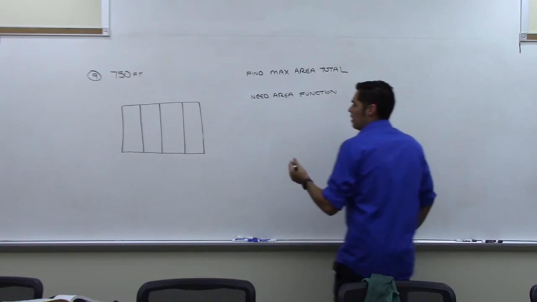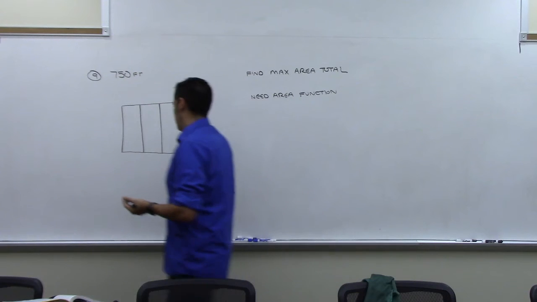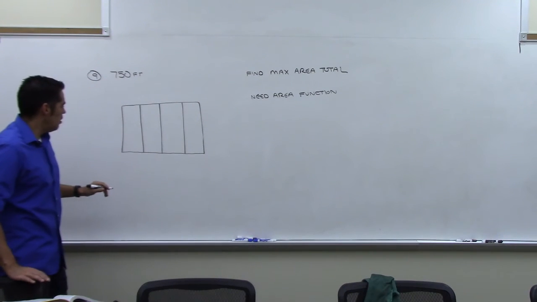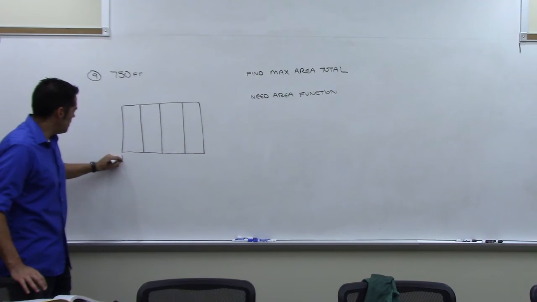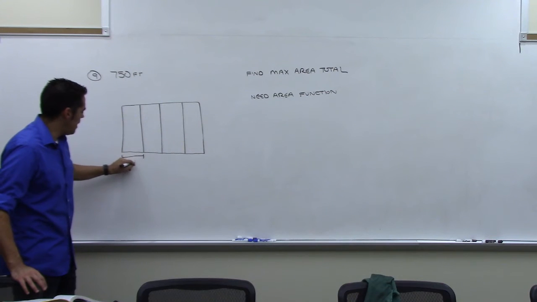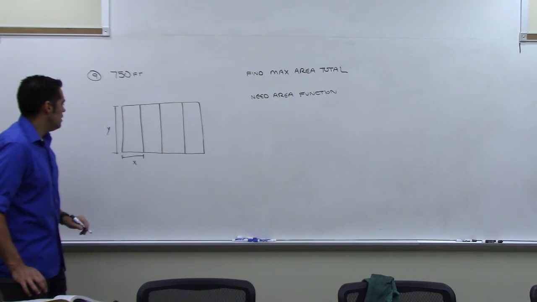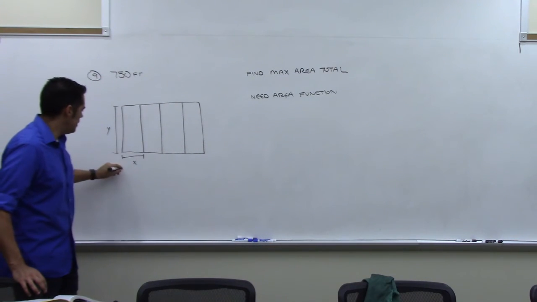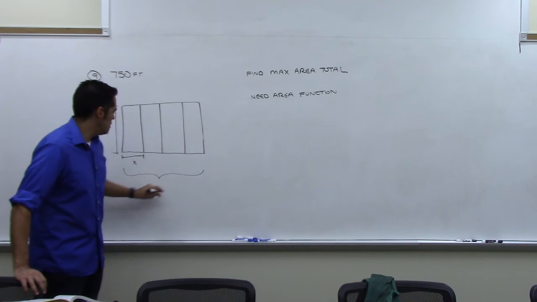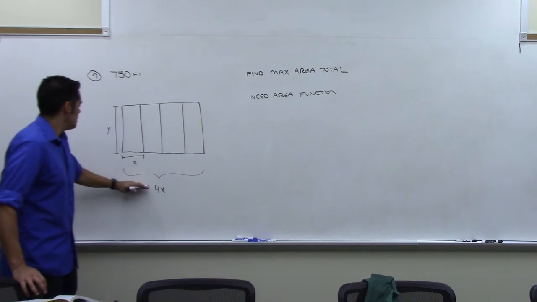Well, I need to label some things here. Why don't we call the distance from here to here x, and the distance from here to here y? Then the area would be all of this, which is 4 x's times y.